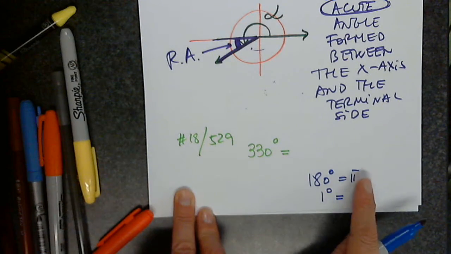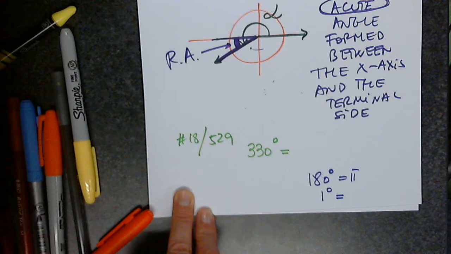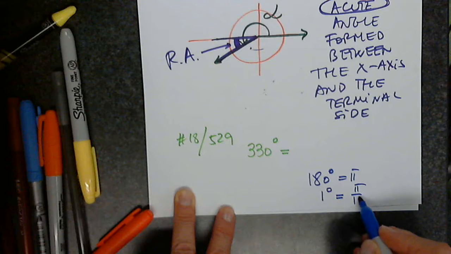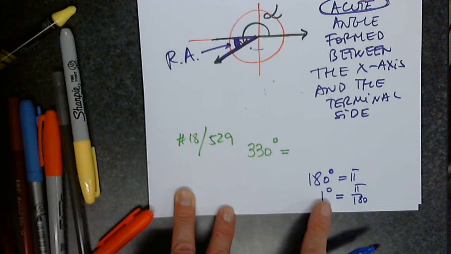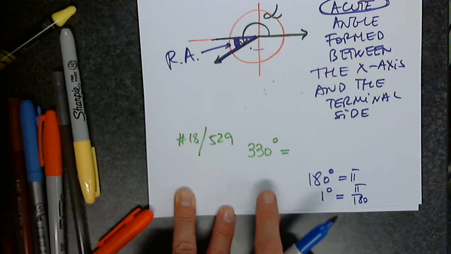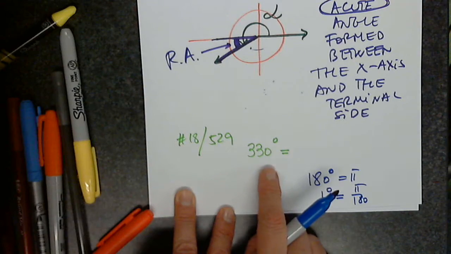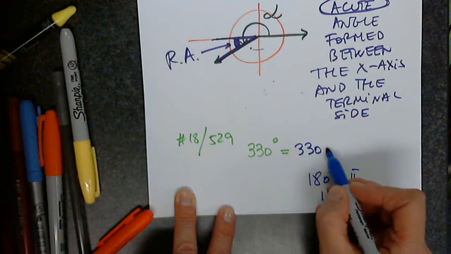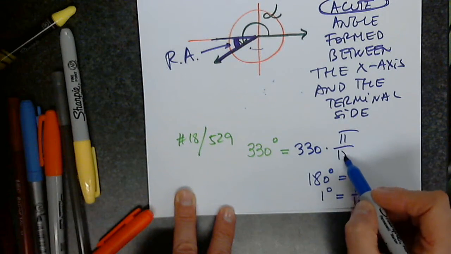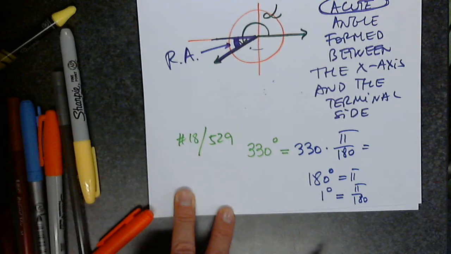What do I do to both sides to get 1 degree? Divide both sides by 180. So if 1 degree is pi over 180, 330 degrees will be 330 multiplied by pi over 180.